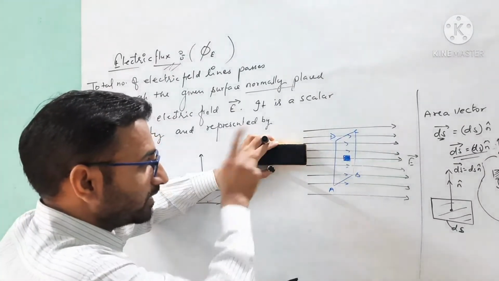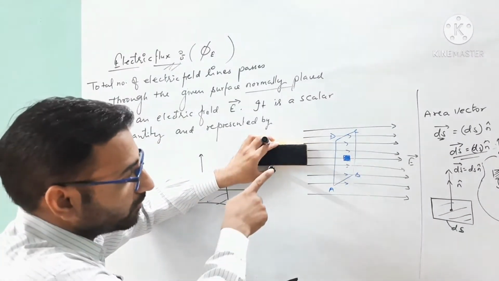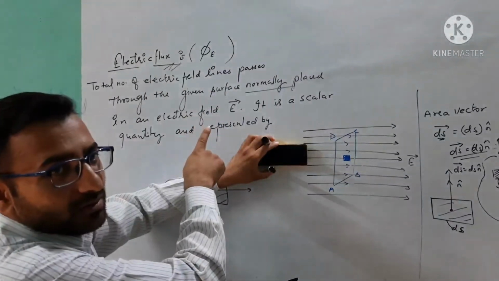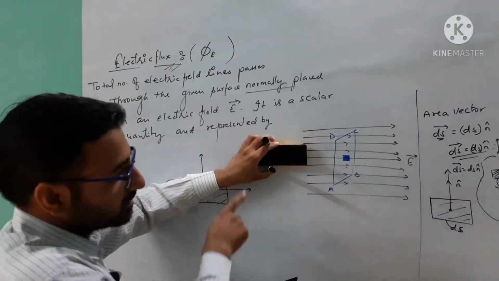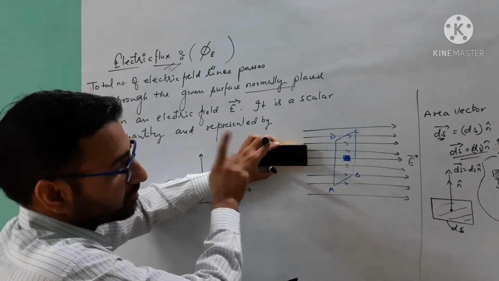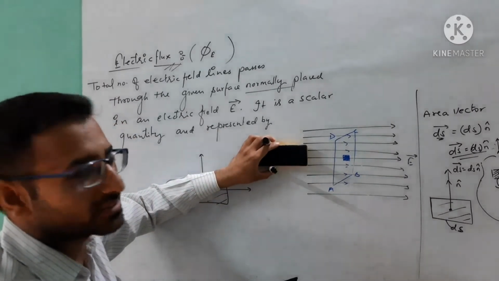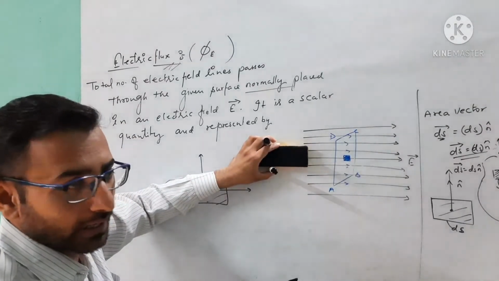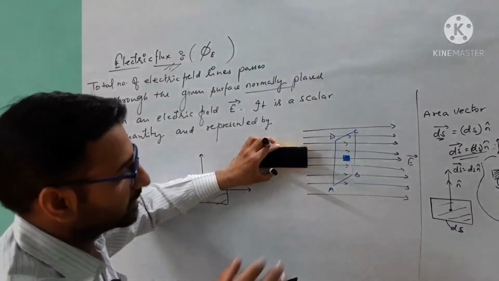So it tells us the number of electric field lines will be maximum, because the angle between them is 0, so that cos 0 is equal to 1. We will discuss this later on.